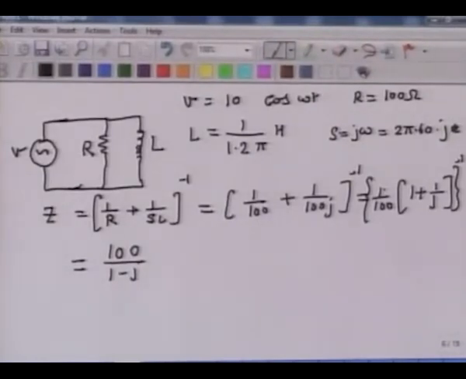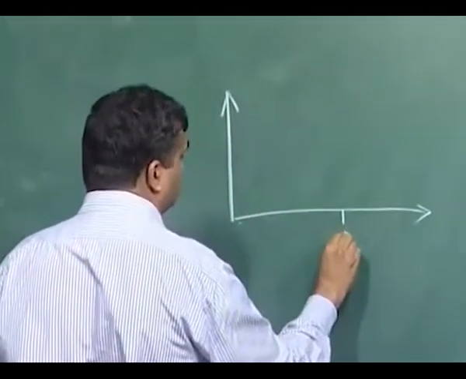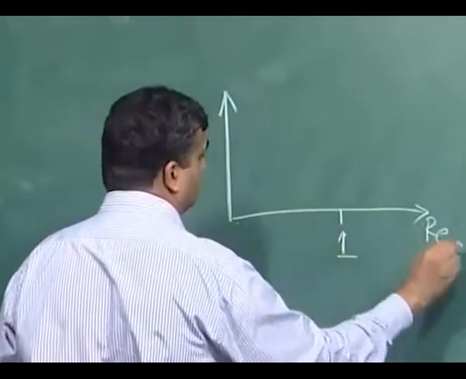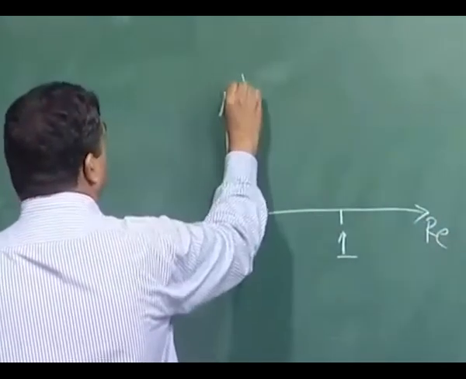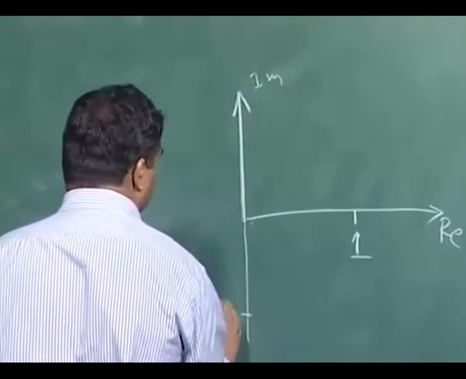Now if I look at the denominator, there is a real portion to it and an imaginary portion. And I know that if I use complex principles, I can express 1 minus j as square root of 2 times e to the minus pi over 4 j. So you have your real component, which is 1, then you have the imaginary component, minus j.